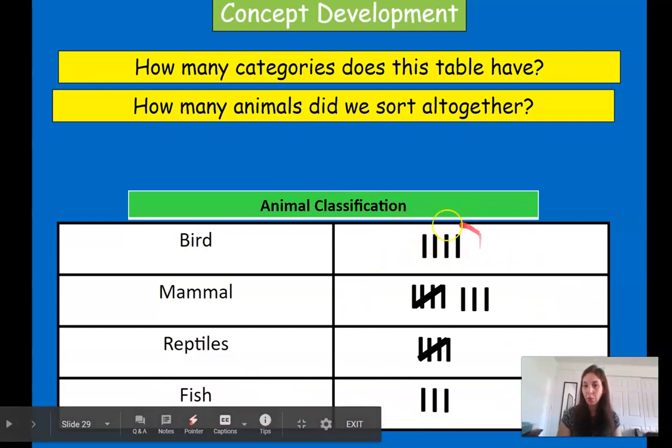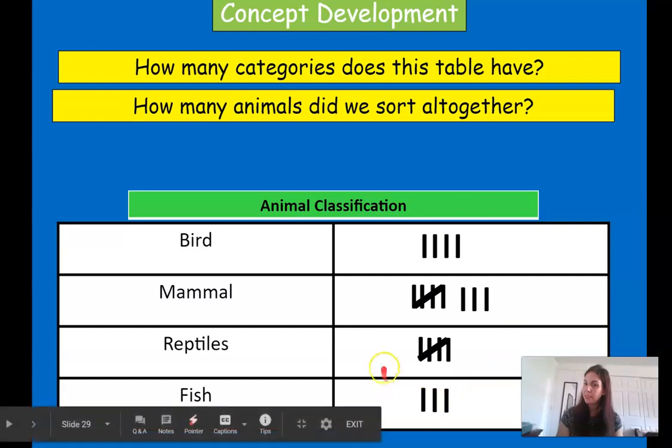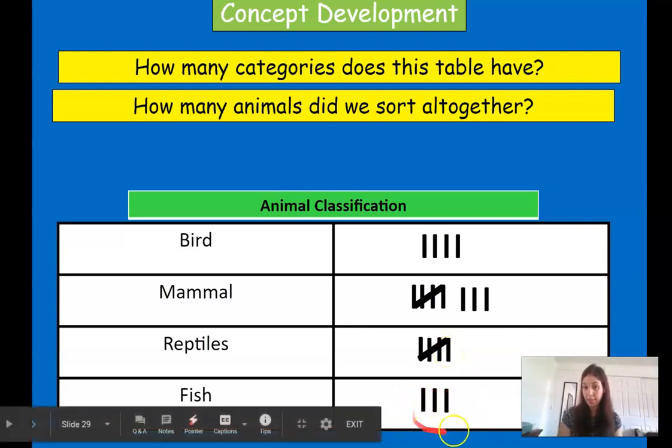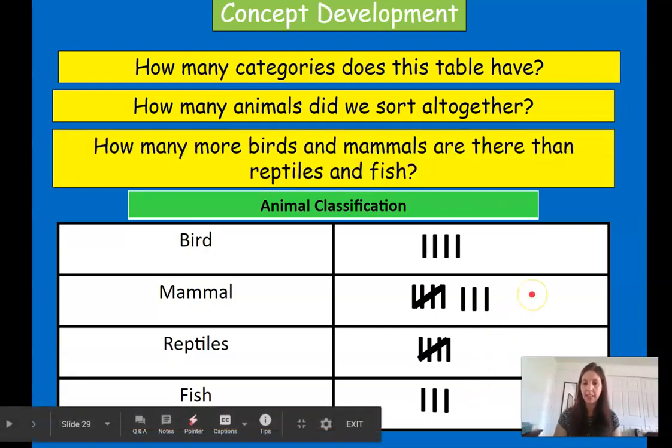So we have 4 plus 5 equals 9. 9 plus 3 equals 12. 12 plus 5 more. Get those brains working. 12 plus 5 equals 17. 17 plus 3 more equals 20. Very good. So we have 20 animals all together. That's all of them added together.